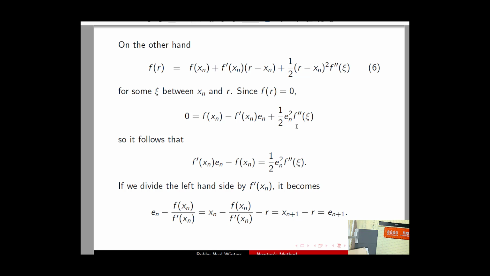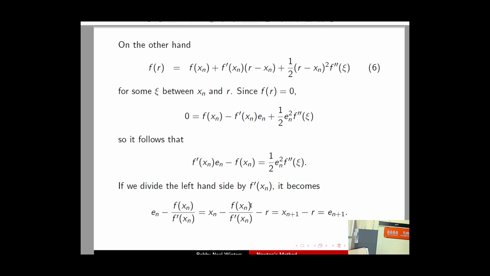Again, just making direct substitutions. Do some rearrangement on this, and so I get that f prime of xn times en minus f of xn is equal to 1/2 en squared times f double prime of xi.